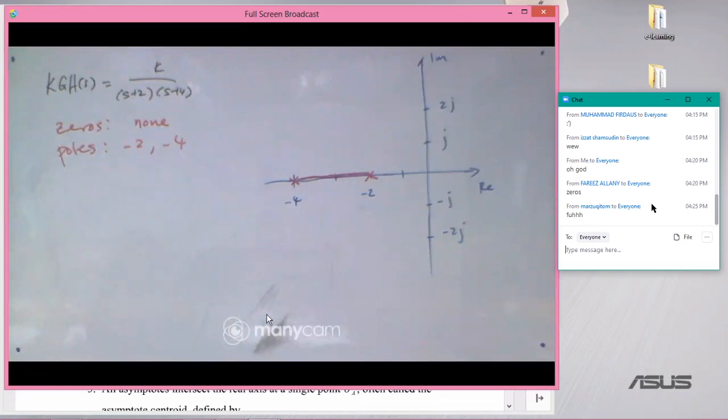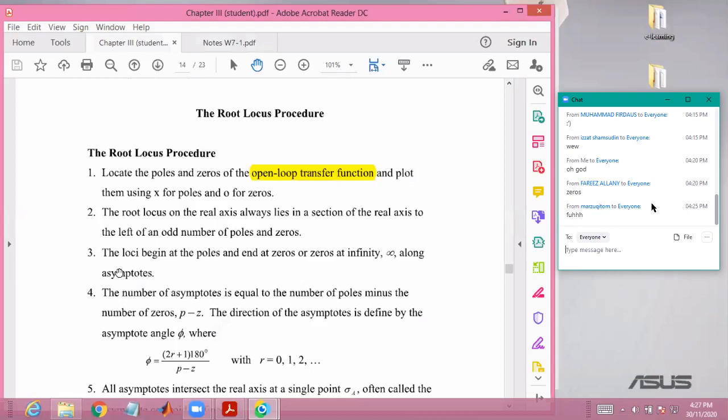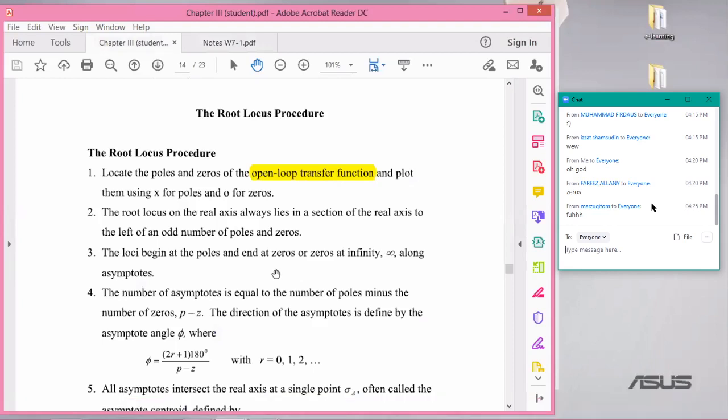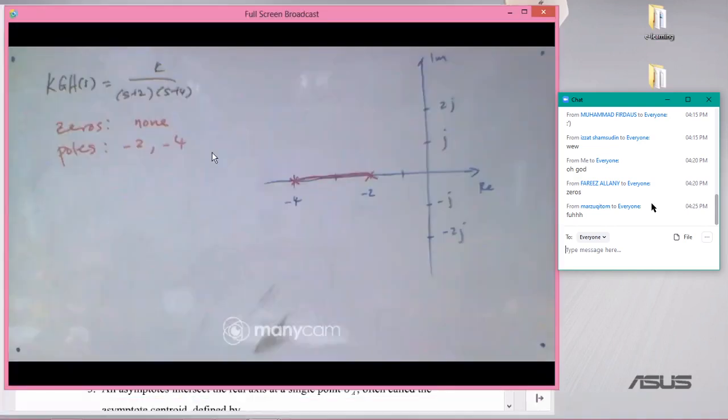Now let's go to the third guideline. The loci begin at the poles and end at zeros, or at zeros at infinity along asymptotes. Since in this example we don't have any zeros, and we have two poles, we're going to have two loci, because each locus starts at a pole and finishes at a zero.